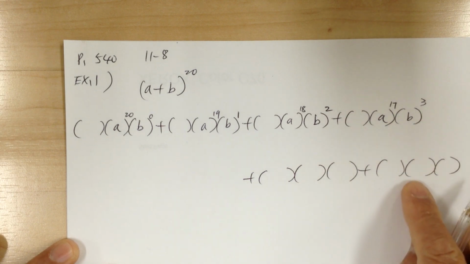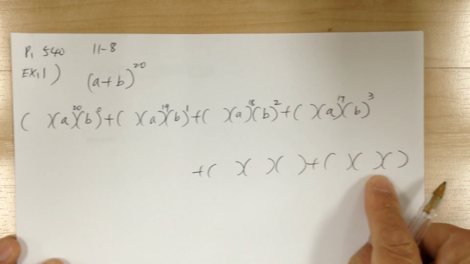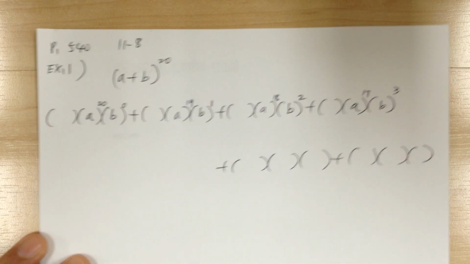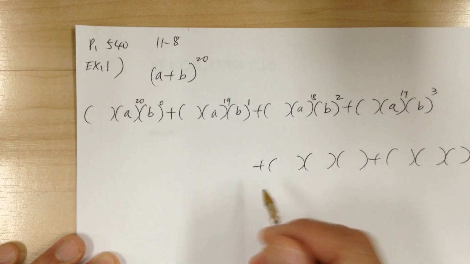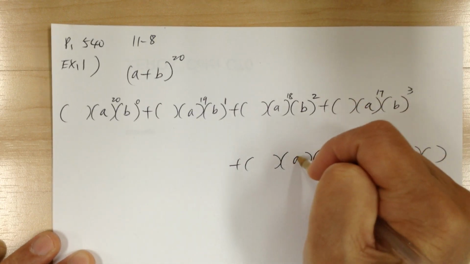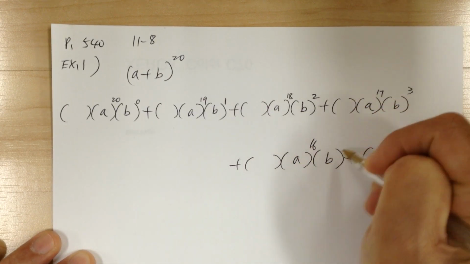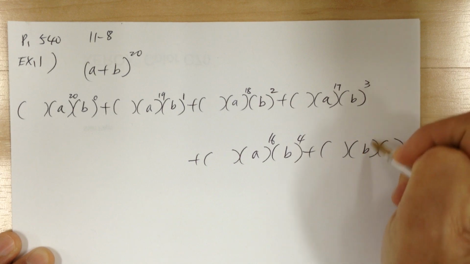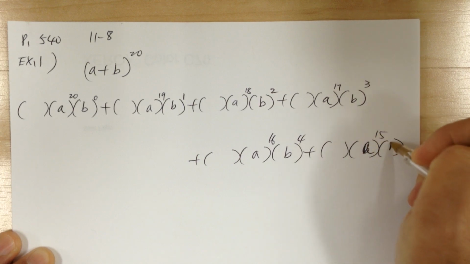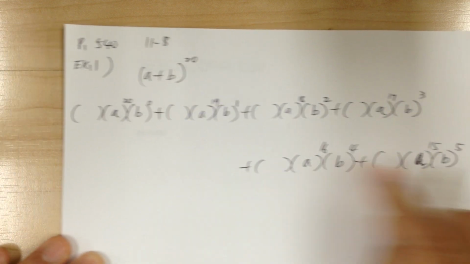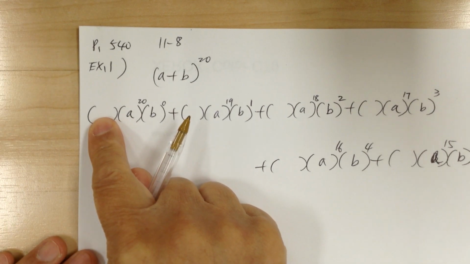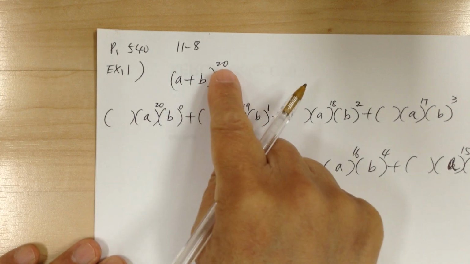Every term has 3 parts. So this would be a to the 16th, b to the 4, and a to the 15, b to the 5.